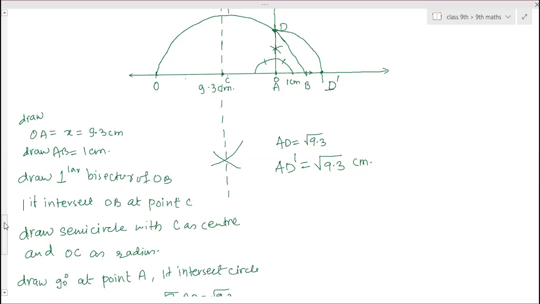Draw 90 degree at point A. Can you scroll it down?